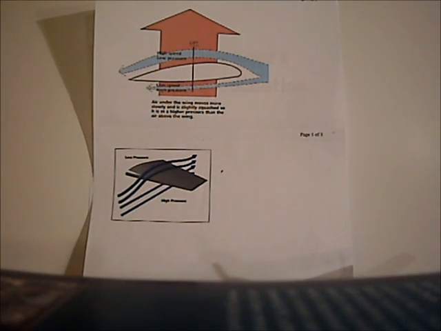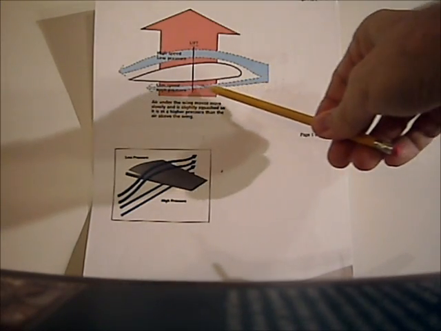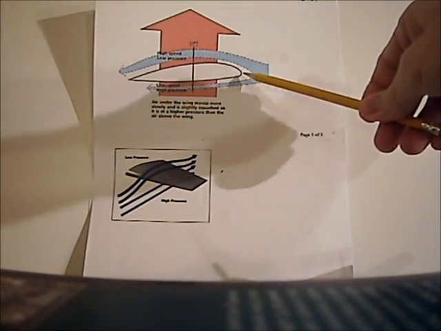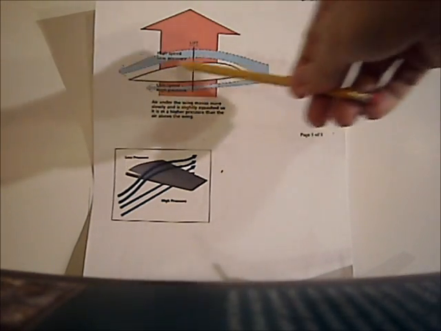And as the air moves across the wing, both on the top and the bottom, it does so in the same amount of time. Air starts here, goes over the bottom, and over the top.